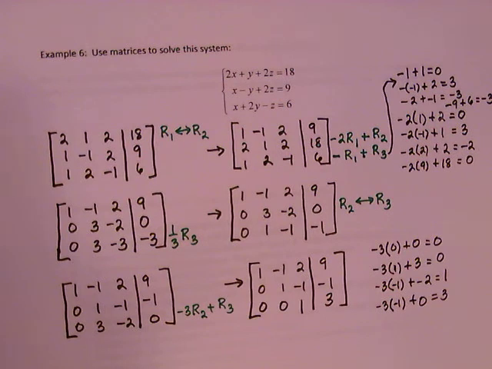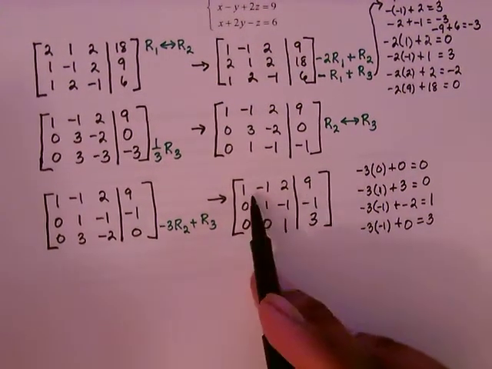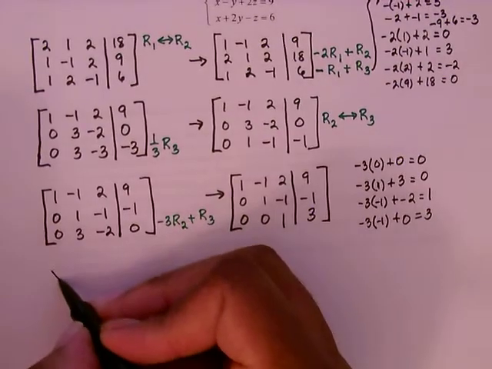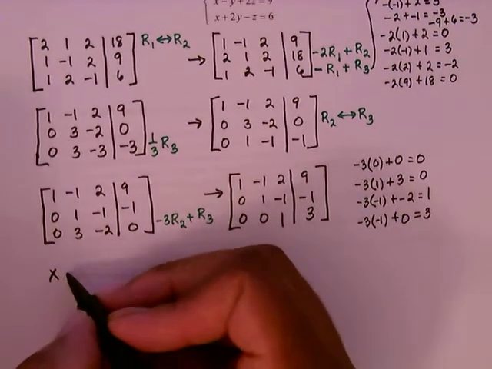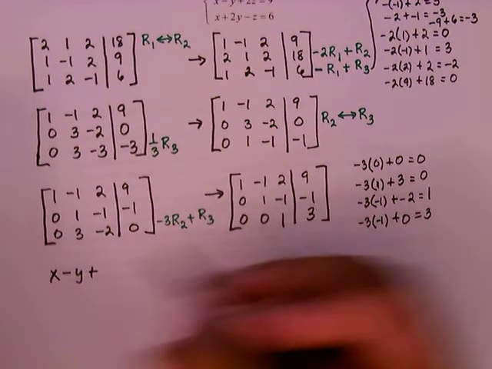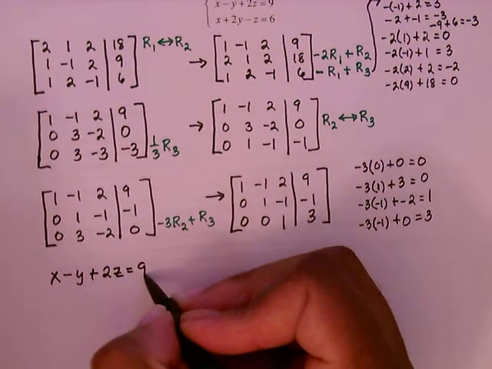Okay. So what I'm going to do here is write this as a system of linear equations, and then I'm going to do back substitution. That first row represents this: 1x, or just x, minus 1y, or just minus y, plus 2z is equal to 9.